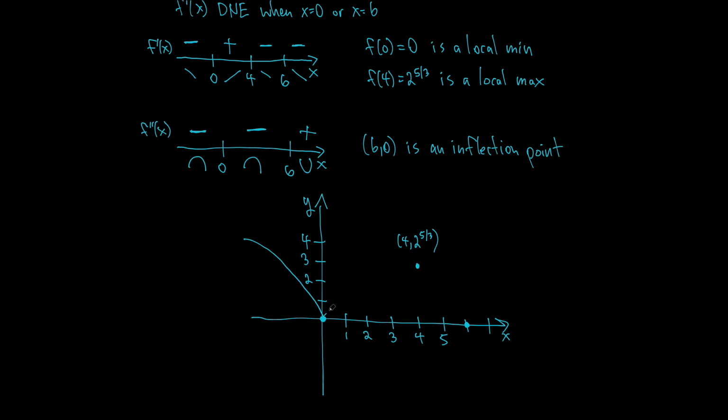Staying concave downward until I hit 6, which is an inflection point. I have to switch now to concave up. Okay, so that's another very rough graph of y equals x to the 2/3, times (6 minus x) to the 1/3.